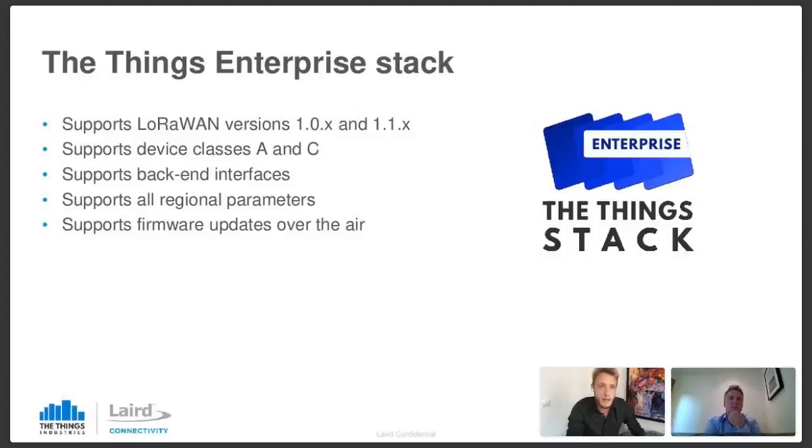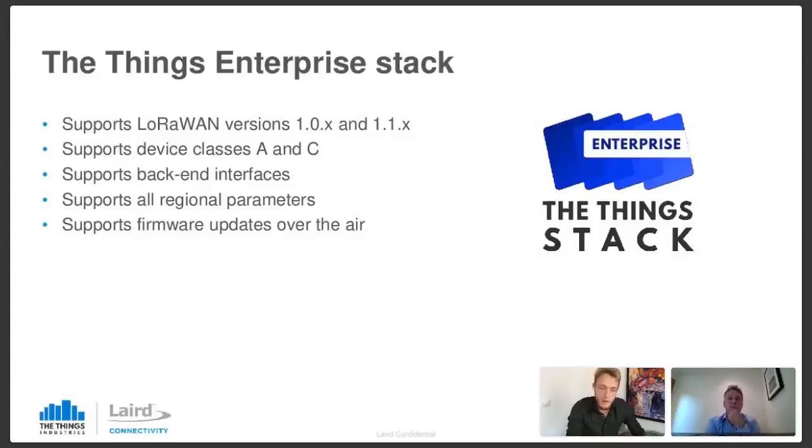Class A means that the device sends telemetry to the network, like many sensors do. Class C is when devices are continuously listening. That can be used for remote control, so turning on and off lights or valves, things like that. There's also Class B on our roadmap, and that is kind of an in-between version.